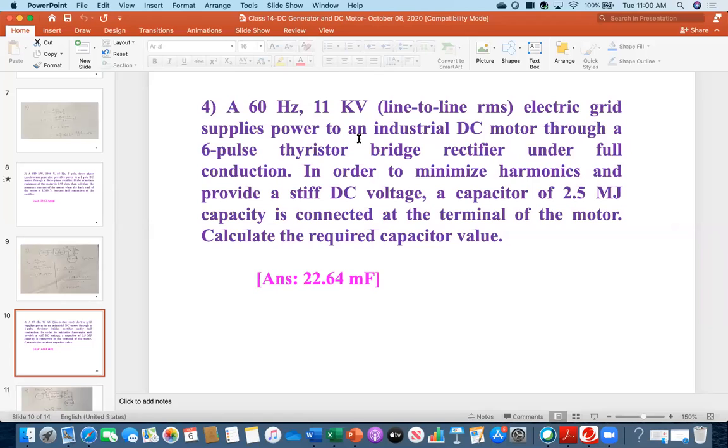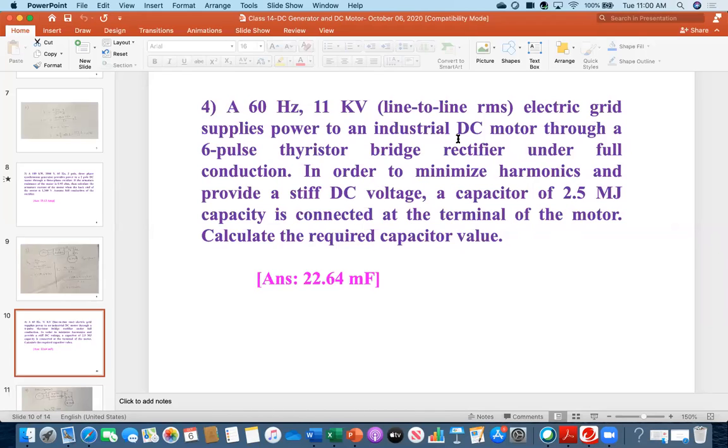I am clearly mentioning that it is line-to-line RMS. Now, in order to minimize harmonics and provide a stiff DC voltage, a capacitor of 2.5 megajoule capacity is connected at the terminal of the motor. Then calculate the required capacitor volume.